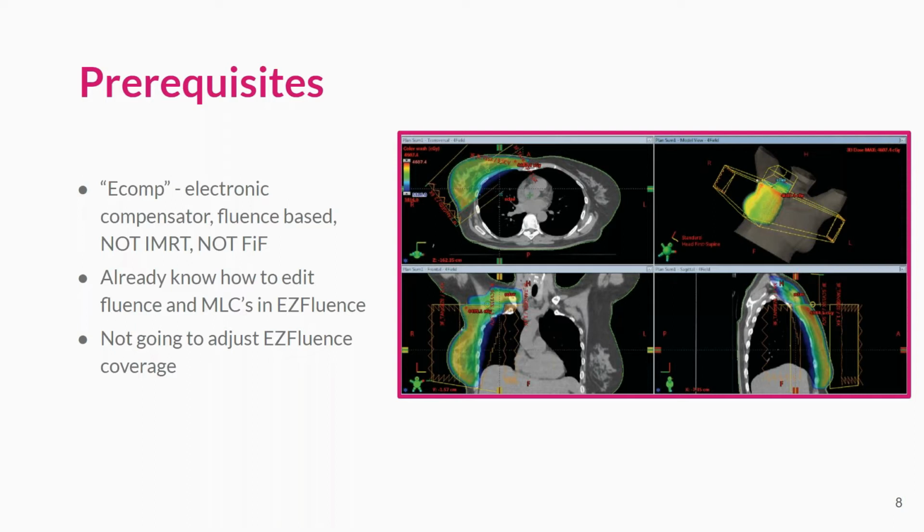I'm not going to be editing out little hotspots or little missed coverages, because we have a large group here and every clinic or physician plans differently. I think everybody gets that. My coverage goals may be different than yours. So this webinar really isn't to show you how to make your coverage different. It's just to show you the workflow and then let you tweak the coverage as you need.